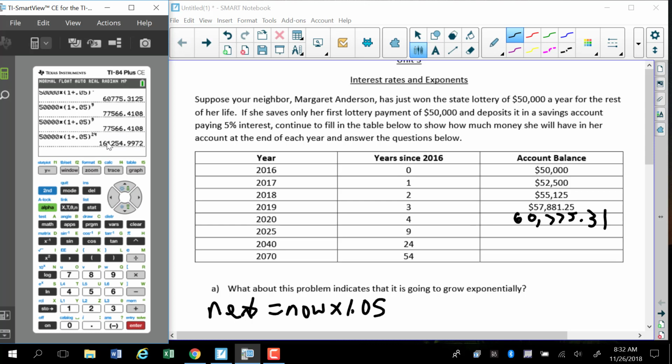So in 24 years, it's 161,000, a lot of money. And then if you want to look at 54 years, you're talking 696,000. So it's almost like, here's where you start, and let's say you're a teenager, you retire, you're going to have $600,000 when you're done in 50 years.